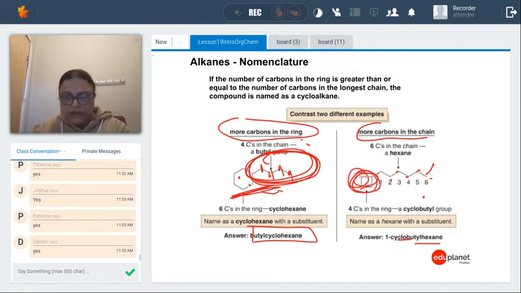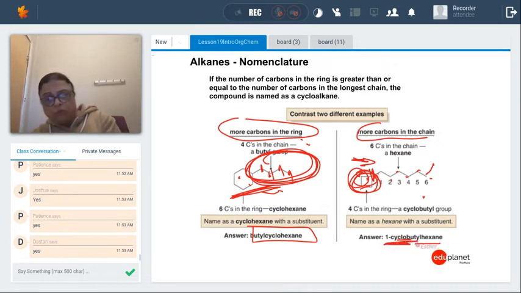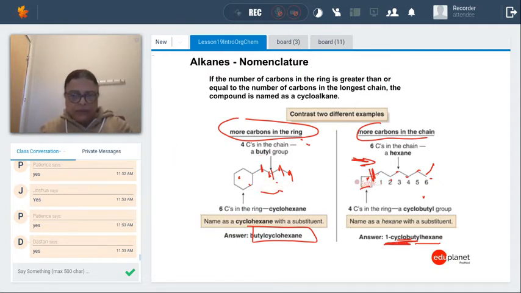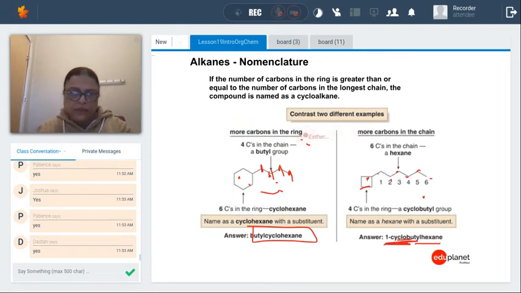The smallest number for the substituent is number 1. We count from left to right. This would be 1-cyclobutyl hexane. So you see who is bigger, and who is bigger is the boss. Okay, so you see the difference, whether you have more carbons in the chain or more carbons in the ring. So far, so good?